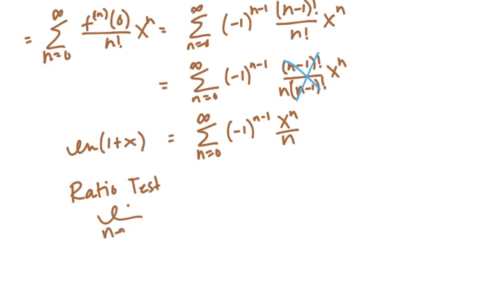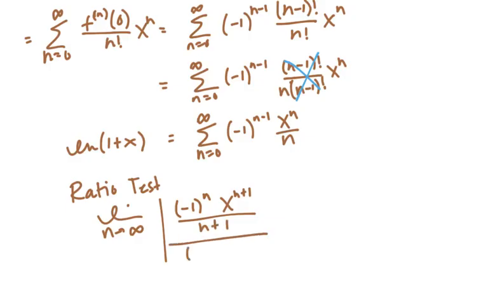So we have the limit as n approaches infinity. We have negative 1 to the n plus 1 minus 1, which becomes n. x to the n plus 1 over n plus 1, all over negative 1 to the n minus 1, x to the n over n.